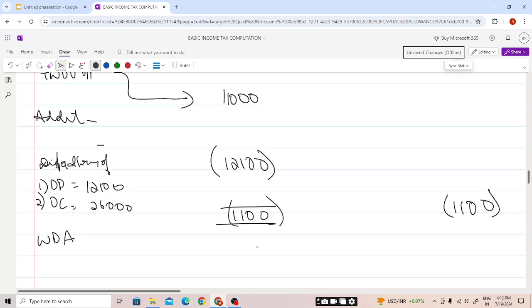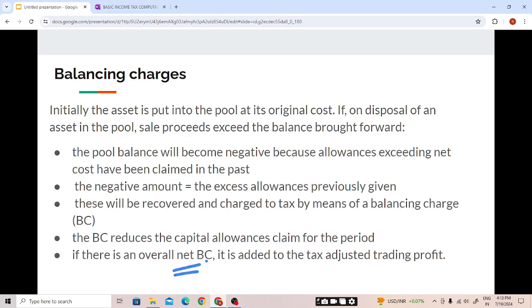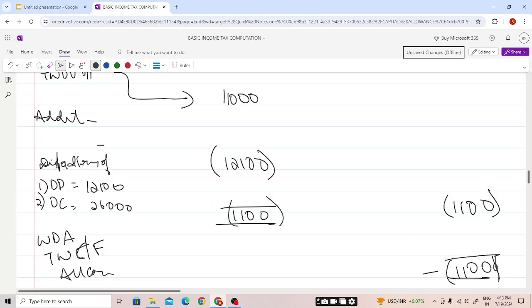So when we carry forward the balance, then allowance. So students, the net allowance we have is in minus. If we have an overall net BC, we have here a balancing charge net.